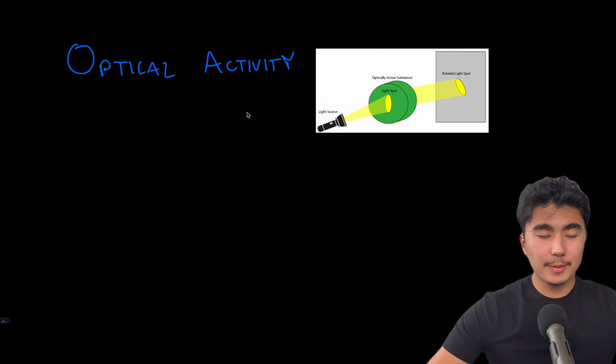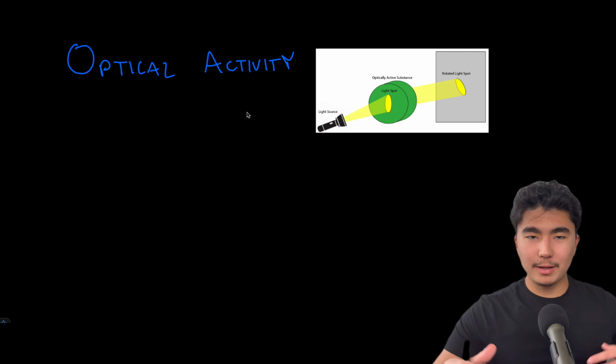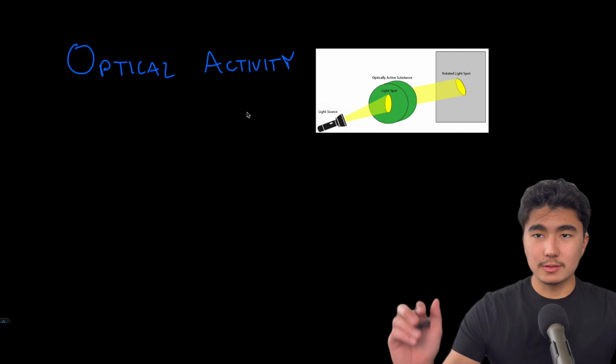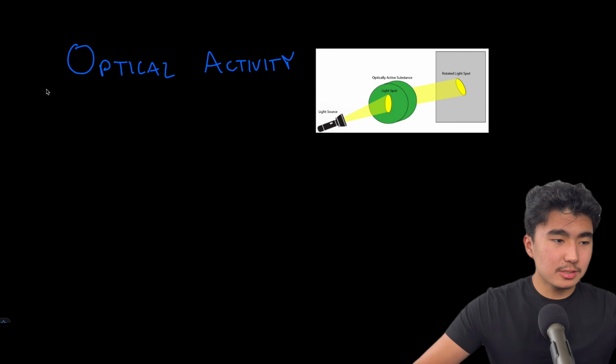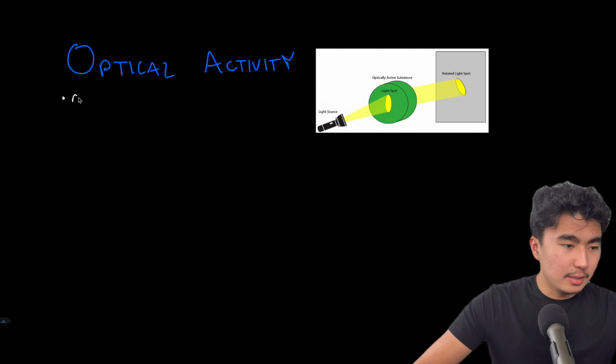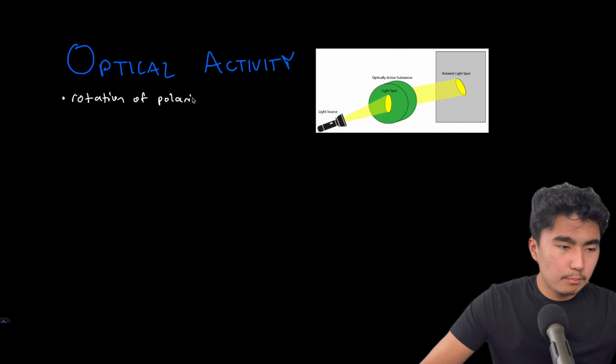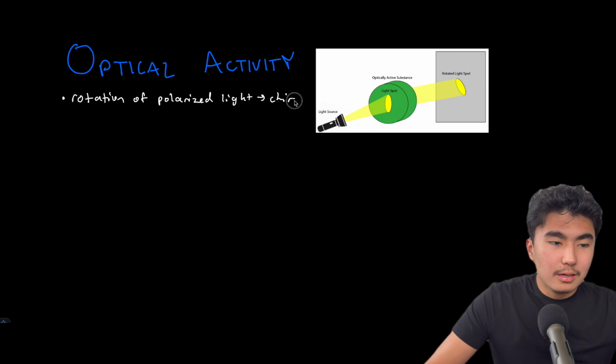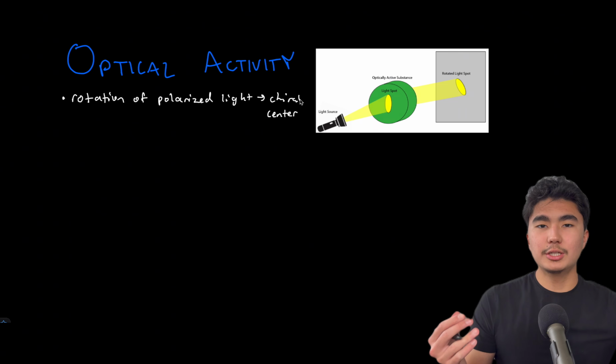All right, so now let's talk about optically active compounds, just optical activity in general. Optical activity is basically going to talk about the rotation of polarized light, which is going to be caused by having a chiral center. Now, there are some different qualifications for this.